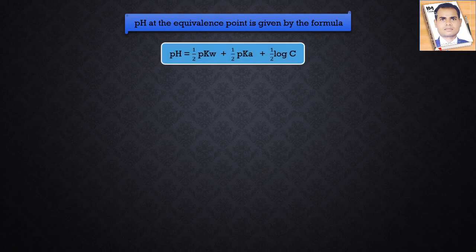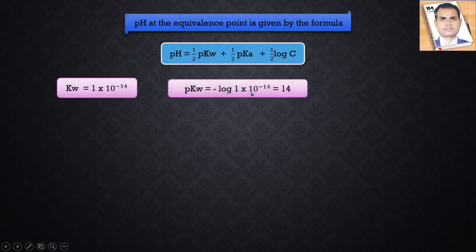The formula given for the calculation of the pH is 1/2 pKw plus 1/2 pKa plus 1/2 log C. So we have to know what is meant by pKw and what is meant by pKa. Kw, the value is given, 1 into 10 raised to minus 14.